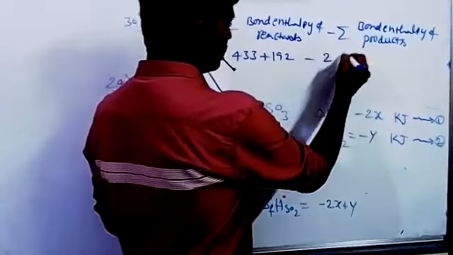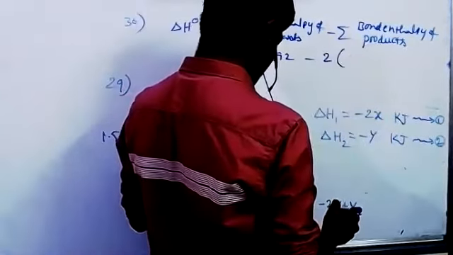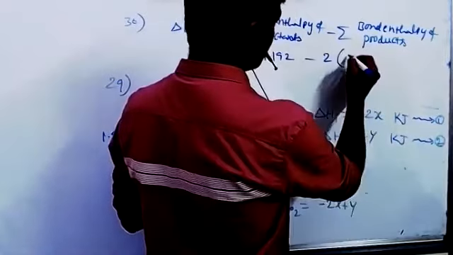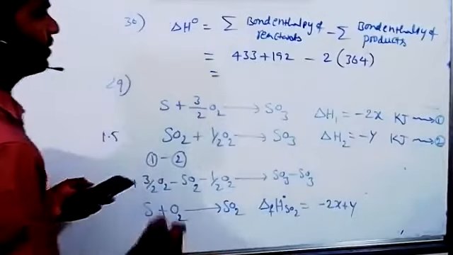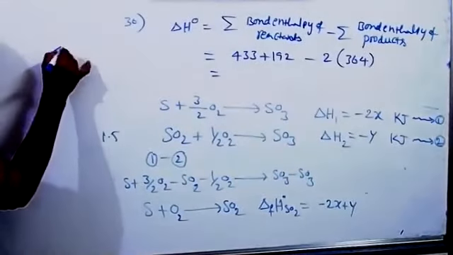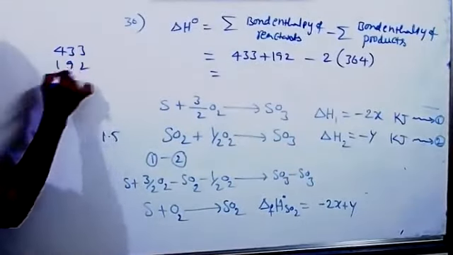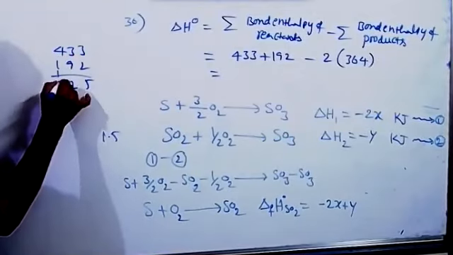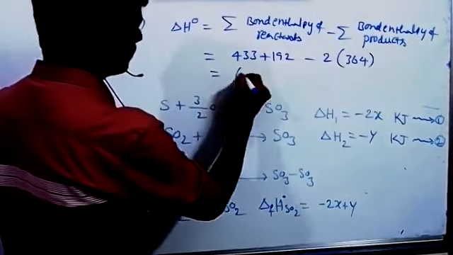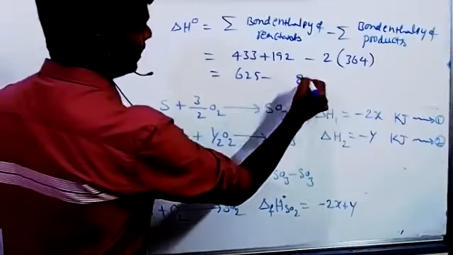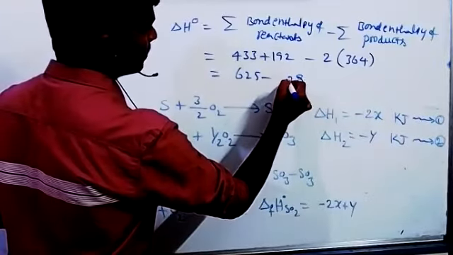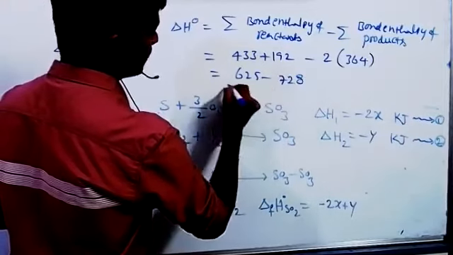Minus 2 into HBr is 364. 433 plus 192 is 625, minus 728.